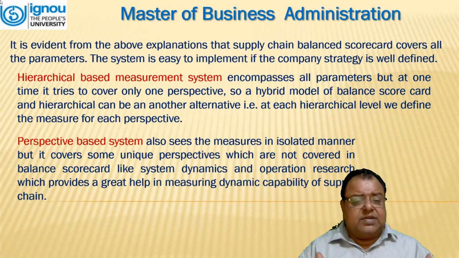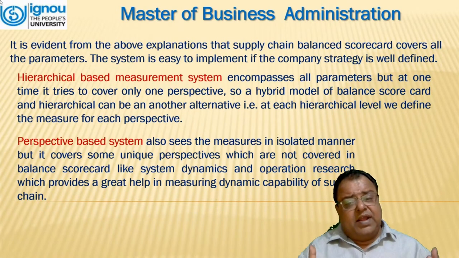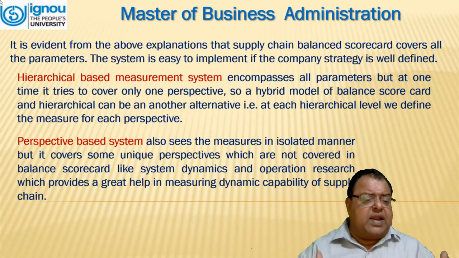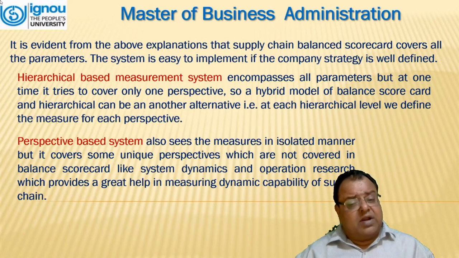The system is easy to implement if the company strategy is well defined. Hierarchical based measurement system encompasses all parameters, but at one time it tries to cover only one perspective. So, a hybrid model of balanced scorecard and hierarchical can be the other alternative.